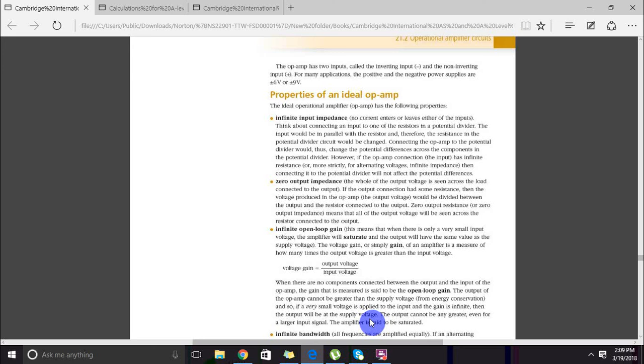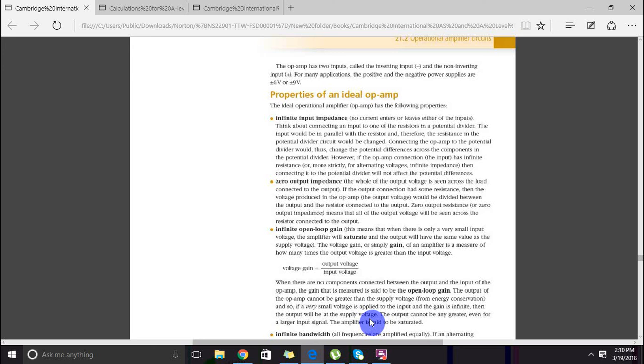So voltage gain is a measure of what exactly? It is a measure of how many times the output voltage is greater than the input voltage.